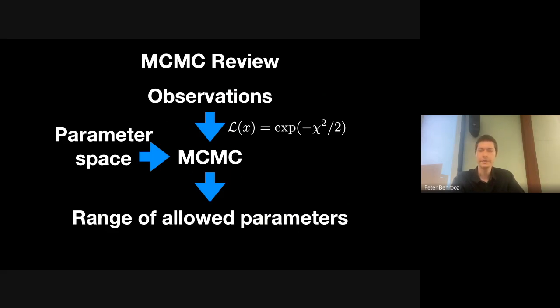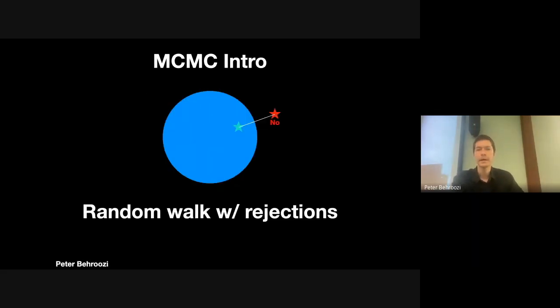And MCMC algorithms, as well as other similar techniques, then try to explore the range of allowed parameters that are consistent with your observations. The way very simple algorithms work, they're like random walks with rejections. So if, for example, my range of allowed parameters looked like this blue circle here, and I started from some point here, if I took a random walk and ended up outside at a place that didn't look like my observations, I could reject that.